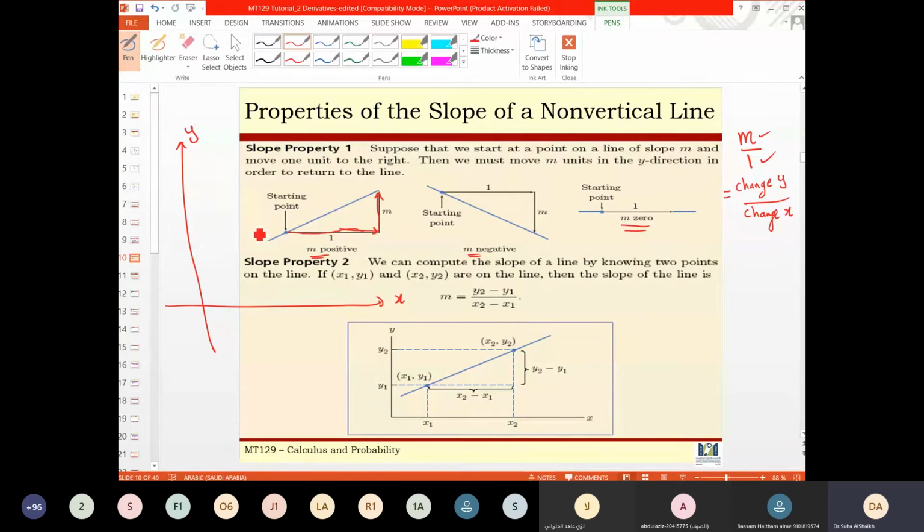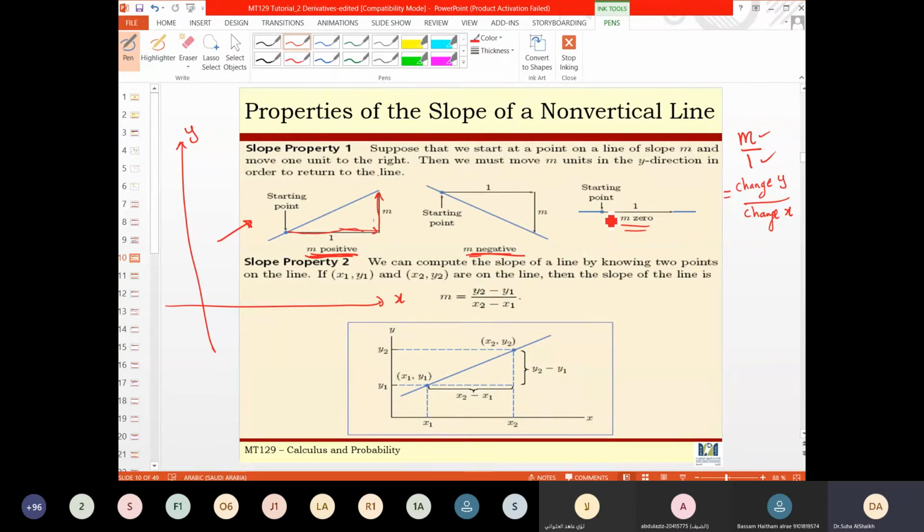For the one who was asking me why we look from the left, why does the line grow from the left? This is why. If m is positive, we move 1 unit in x and m units positive in y. If m is negative, I'm going to move 1 unit in x and minus m in y. So my line will be falling.